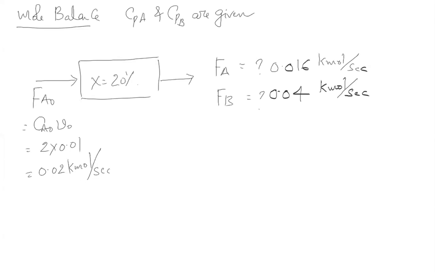So Fa is 0.016 kilomole per second. Fb is 0.004 kilomole per second.